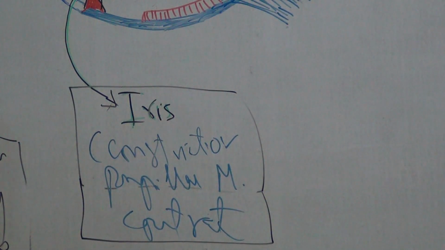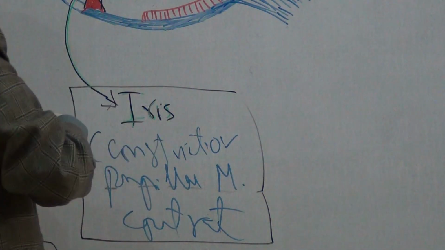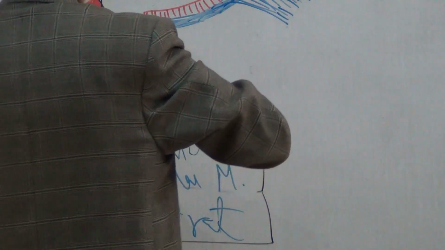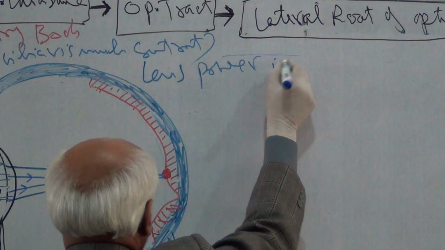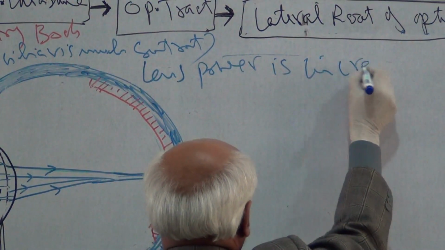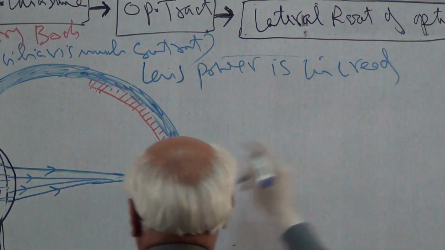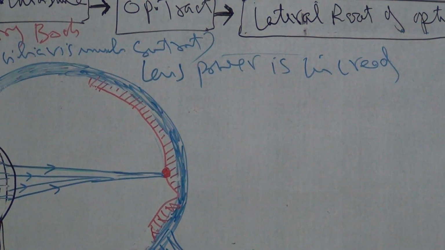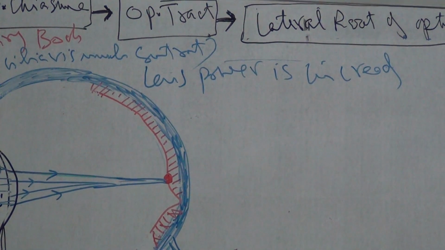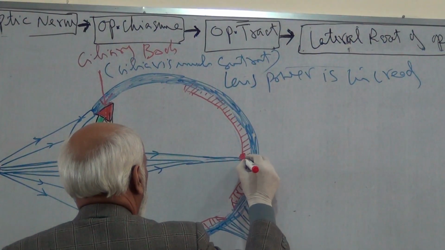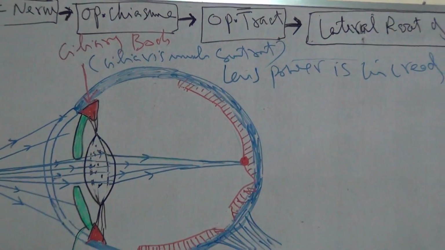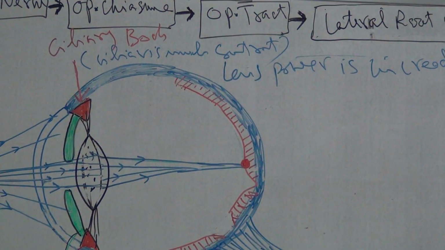In this way, when the ciliaris muscle contracts, what happens? The lens power is increased, so that the central divergent rays are focused at one point on the retina, and you have a clear and inverted image of the near object.